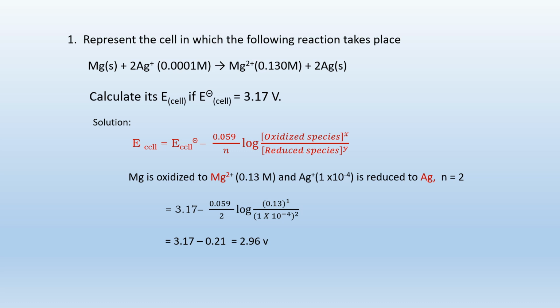If the denominator is lower, then the corresponding logarithmic value is higher. If the logarithmic value is higher, it is in the negative value. Then the negative value higher means the cell potential will decrease. You should have that imagination. Okay, you should have the visualization.